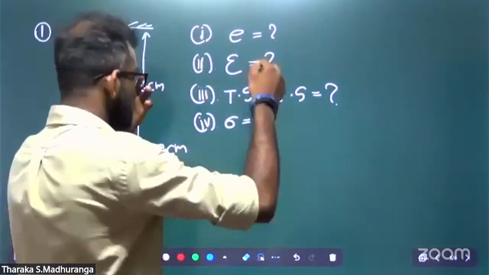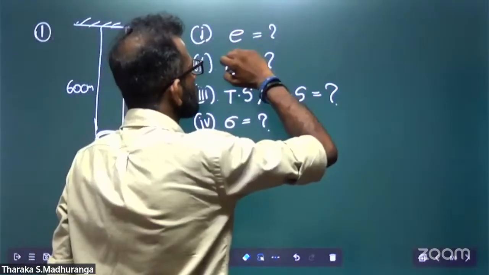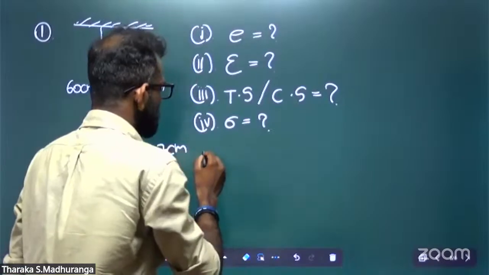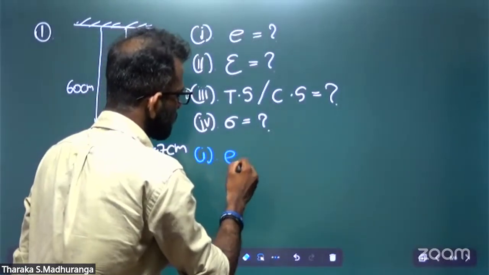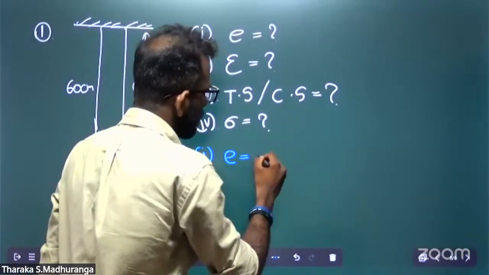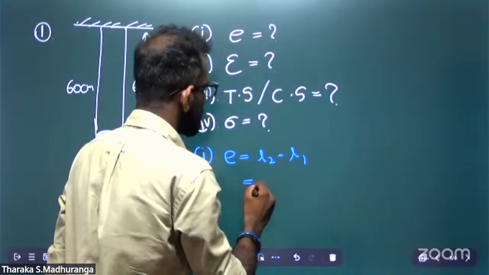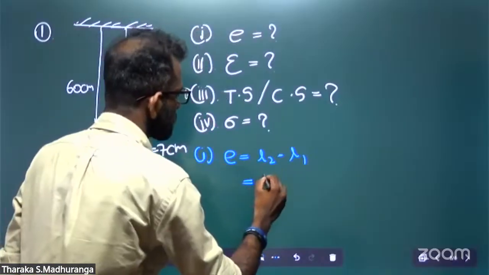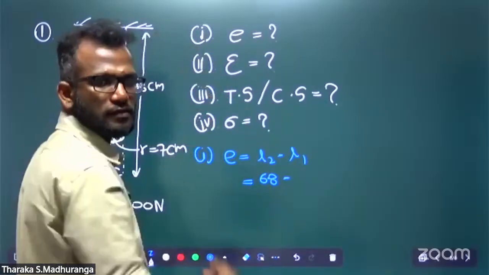Okay, first one is elongation is asking. The elongation is the first part answer. The e equals L2 minus L1. L2 is 68, the final length is 68.